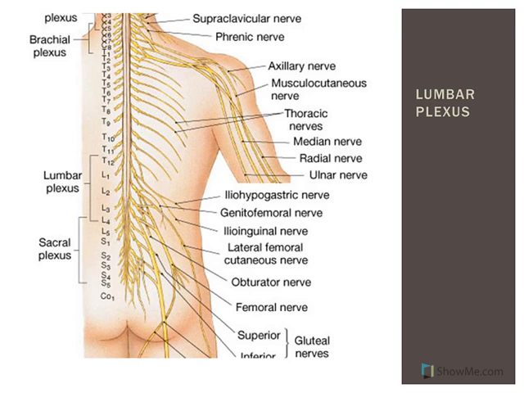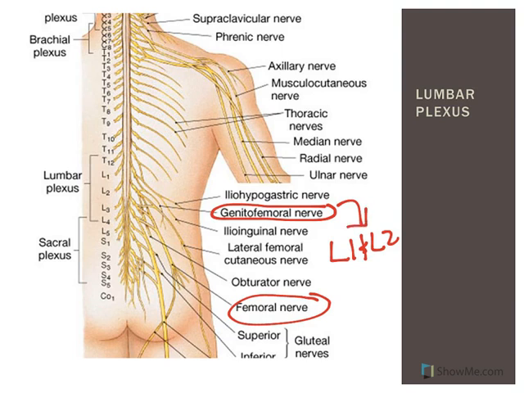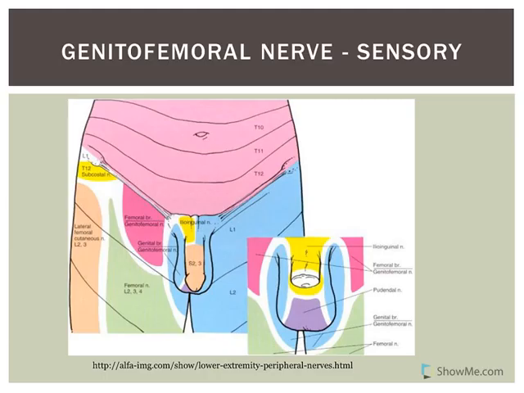Now the lumbar plexus is going to innervate structures in the lower limbs and the pelvic girdle. The two that we're going to look at are the genitofemoral nerve and the femoral nerve. The genitofemoral nerve originates from L1 and L2 spinal nerves, and the femoral nerve has fibers that come from L2 through L4.